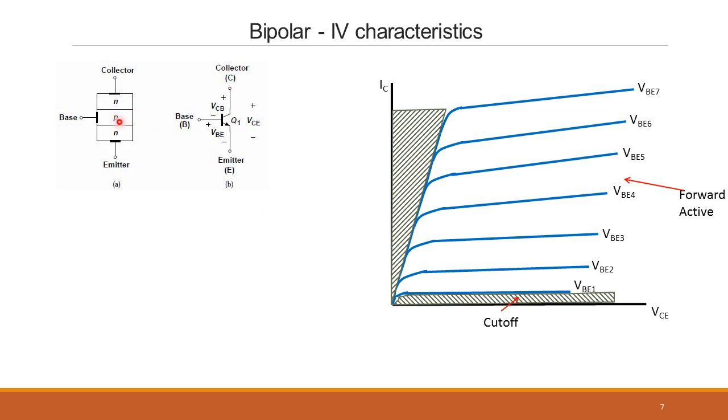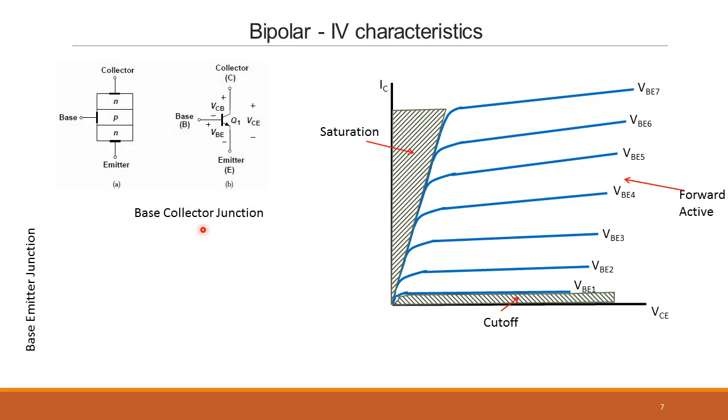Remember we talked about it, it's because of the difference between VB and VCE. So even this can be forward biased at very small values of VCE. And when that happens, there is a large amount of charge in both these regions. And typically we don't want to be operating in this region at all. This is called the saturation region.